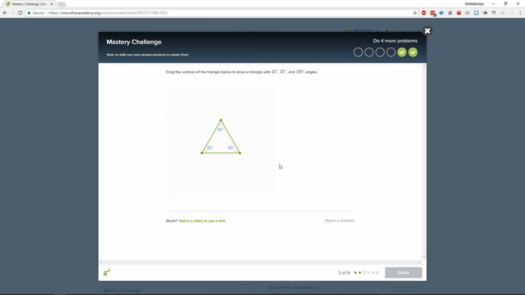Drag the vertices to draw a triangle with 45 degrees, 35 degrees, 35.